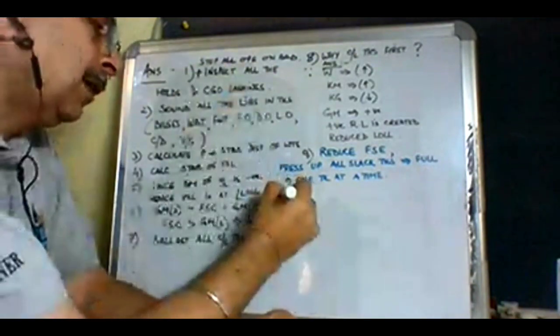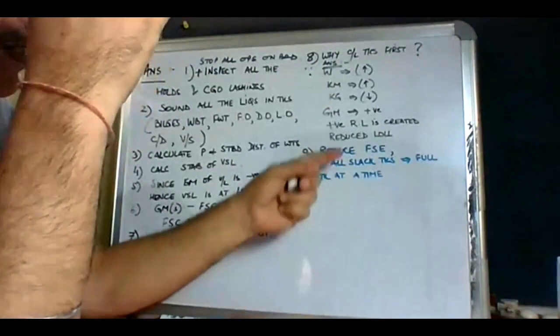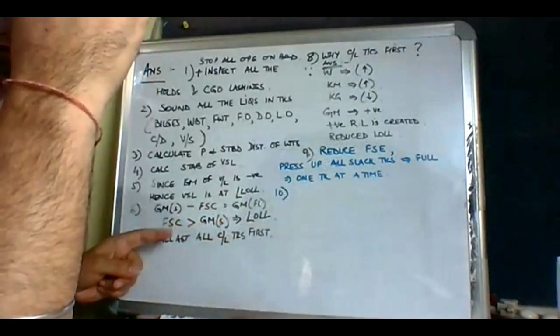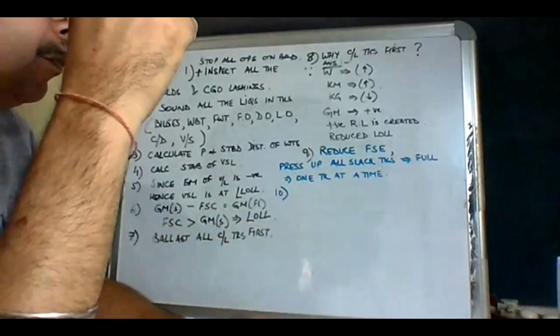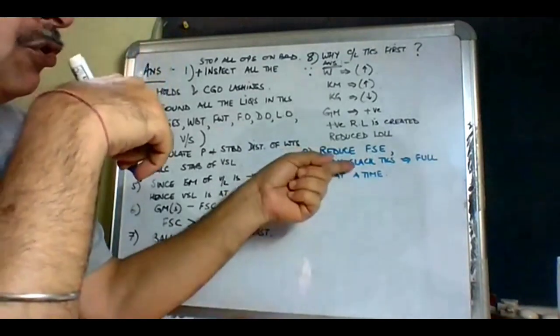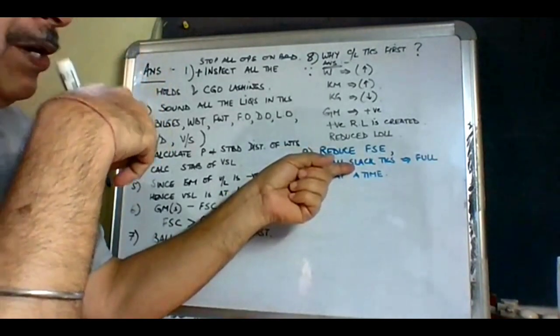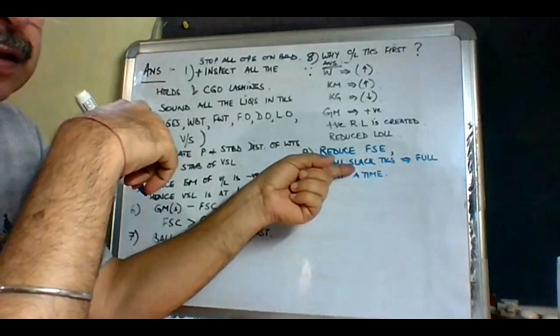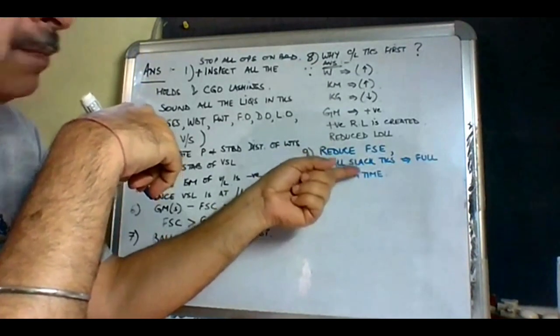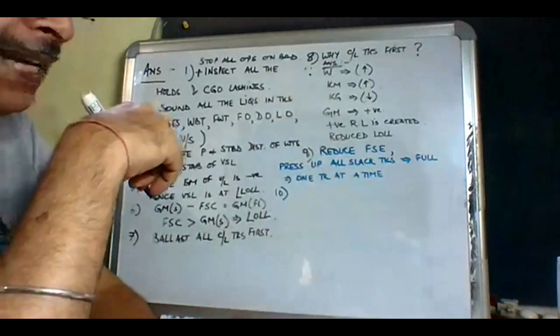Once you have done that, the basic idea is to remove the free surface. That free surface was the one causing the problem. In 90% of the cases, at this stage, the moment you remove the free surface, the vessel will become upright. In 90% of the cases, this is the main cause: slack tanks.